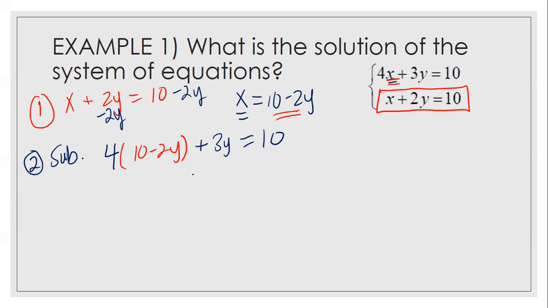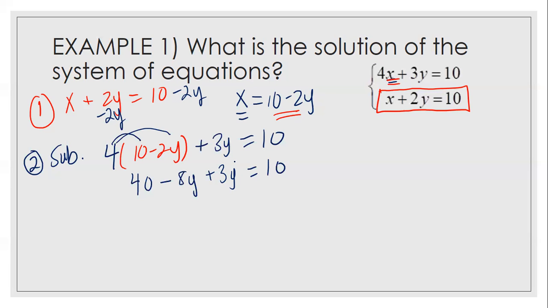And now we're going to solve for y. In order to solve for y, what do I need to do? Starts with the D. I actually need to distribute. Y'all remember that word? 4 times 10 is 40. 4 times negative 2 is negative 8, plus 3y equals 10.